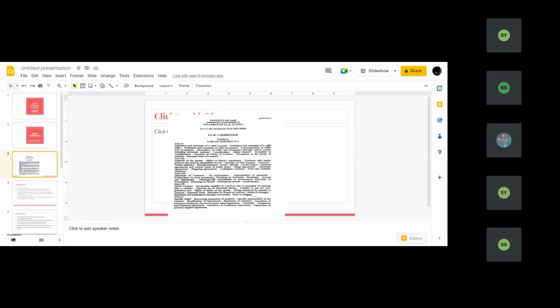Then the third unit speaks about how a contract is to be discharged, who can actually perform a contract, all of those things. The fourth chapter concludes the law of contracts for first semester. So these 4 chapters relate to the Indian Contract Act 1872. Then comes the last, final chapter.